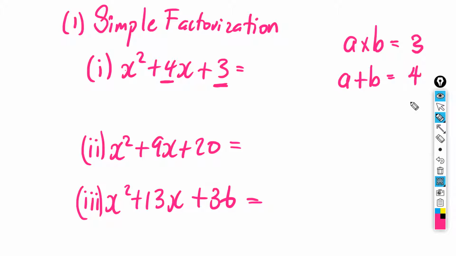So I'm going to ask Daniel. Help me out, Daniel. Which 2 numbers when I multiply will give me 3, but when I add them will give me 4? Help me out, bro. If you need some help, let me know.